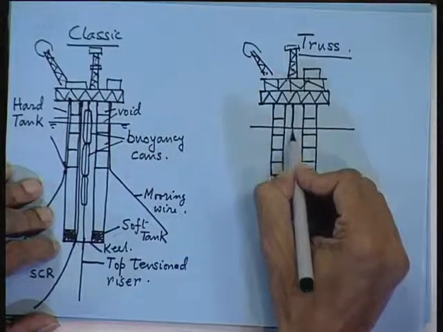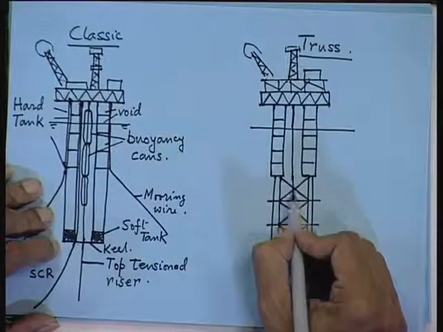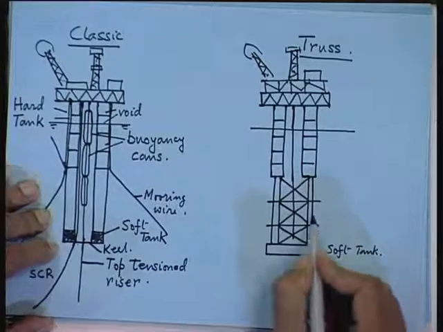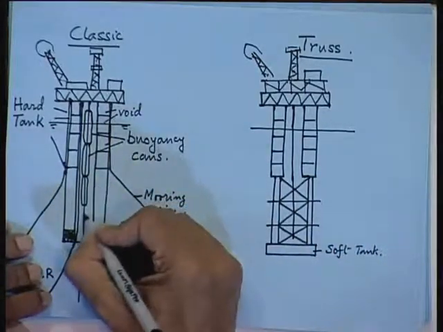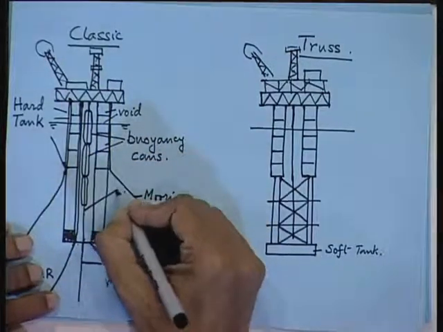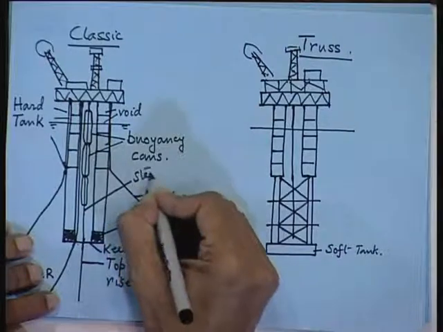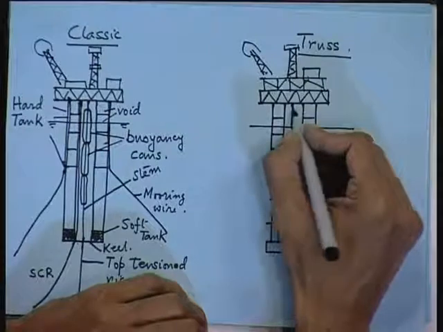Now, you have to make the structure in such a way that the whole hull of the spar actually slides on the, this is called the stem. On the stem.